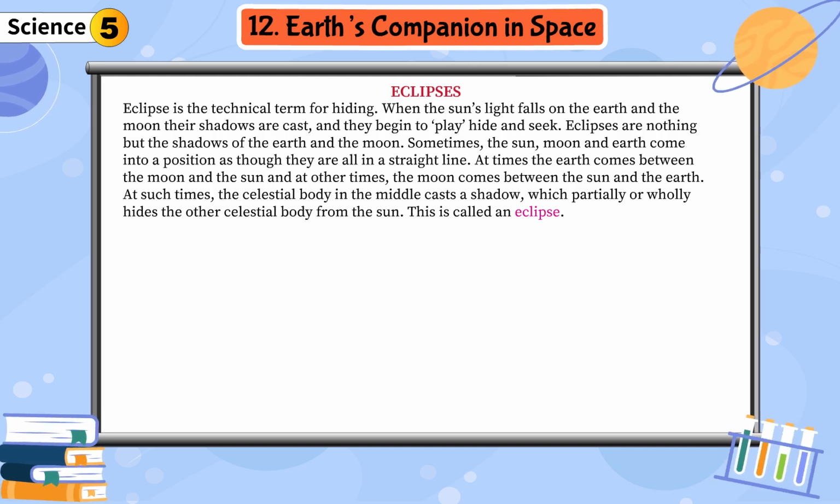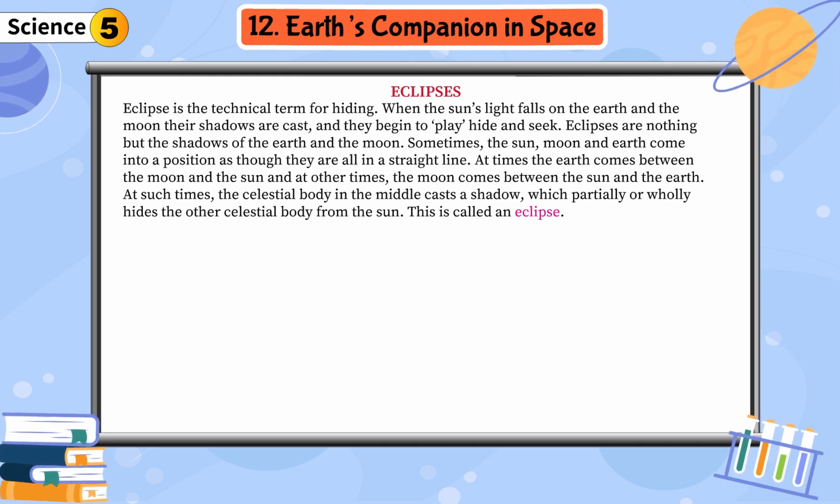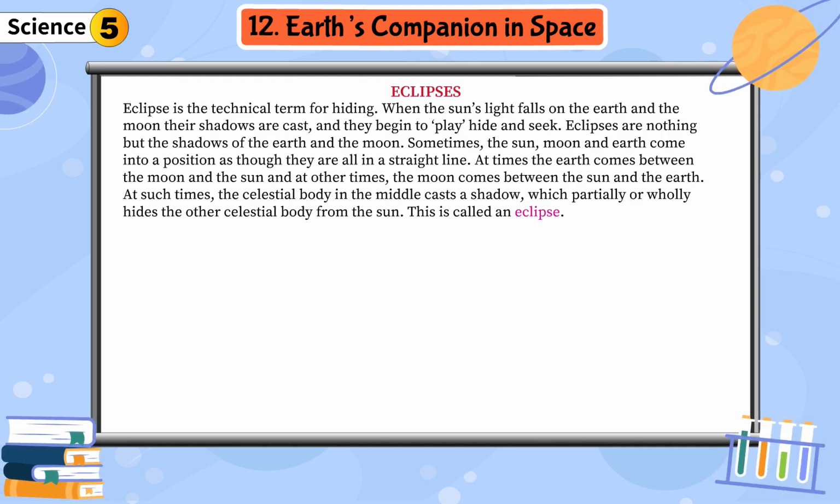Sometimes, the sun, moon and Earth come into a position as though they are all in a straight line. At times the Earth comes between the moon and the sun, and at other times, the moon comes between the sun and the Earth. At such times, the celestial body in the middle casts a shadow, which partially or wholly hides the other celestial body from the sun. This is called an eclipse.